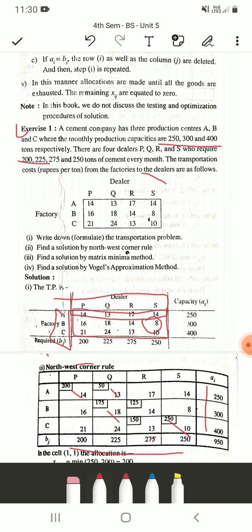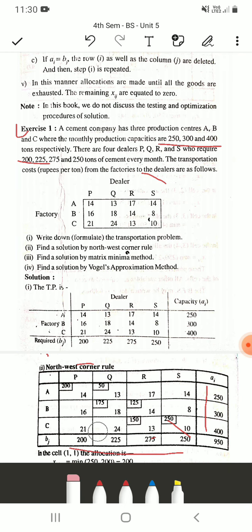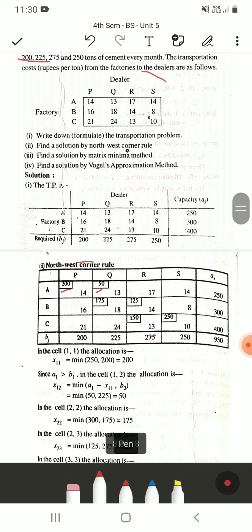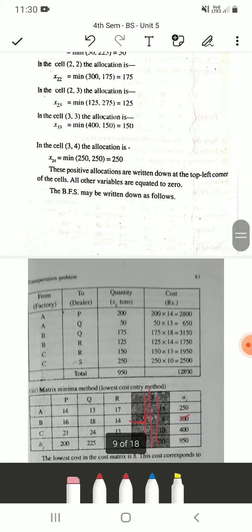If you remember the definition of non-degenerate, we say a solution is non-degenerate if m plus n minus 1 allocations are made. So you get m plus n minus 1 as 6, and let us see how many allocations we have made. So it is 1, 2, 3, 4, 5, 6. We can see the 6 allocations are made.